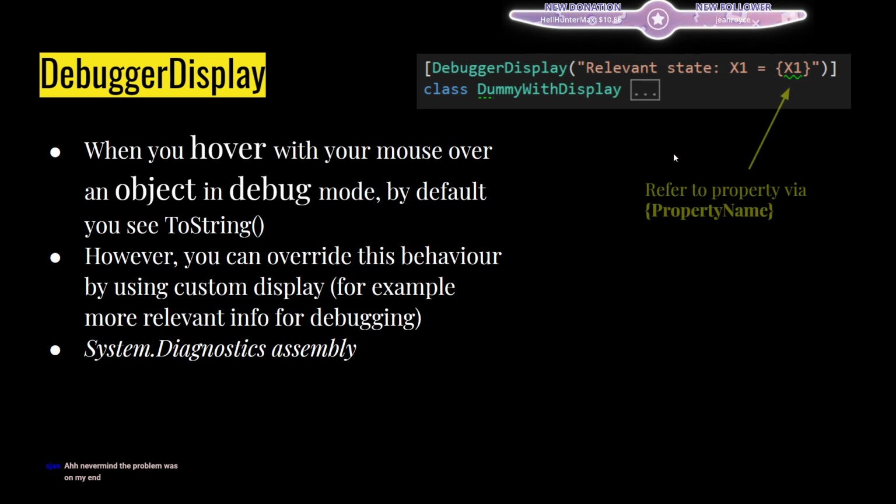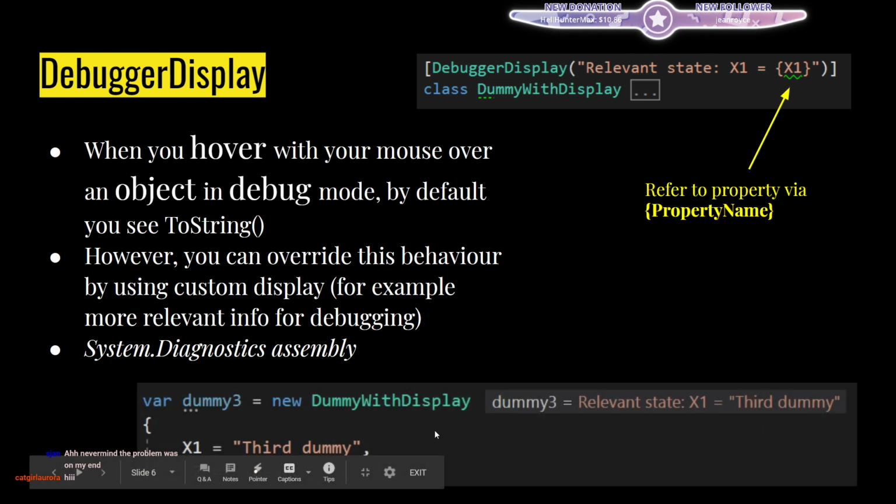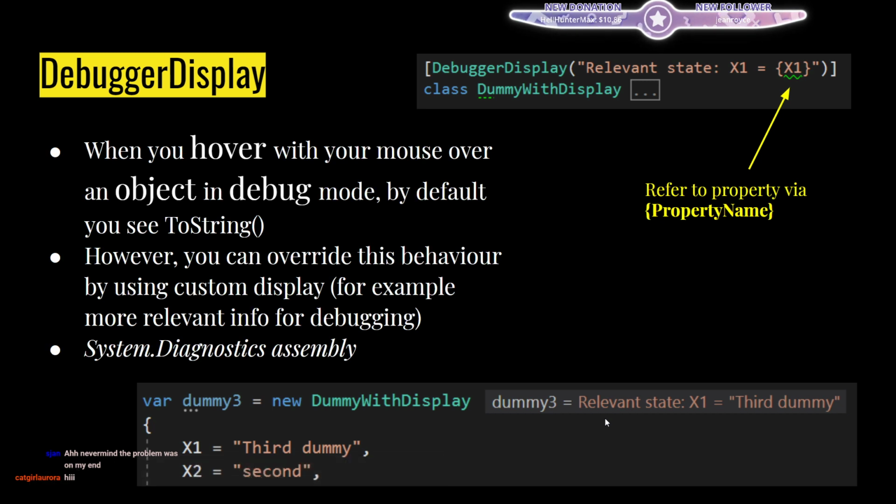So if we look at the result while debugging, you see I'm debugging this object, and what I actually see is not the default string implementation, but rather my custom message that I put in the attribute. So DebuggerDisplay is a way to show a custom message when hovering over objects during debug mode. It's very useful for diagnosing your application, for debugging.